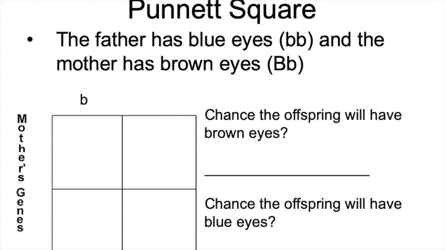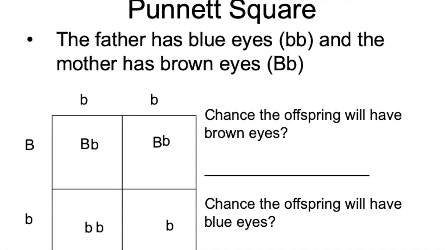Dad's 2 alleles are going to be separated out across the top, and mom's 2 alleles are going to be separated across the side. And now easily, we're just going to drop dad's 2 recessive alleles all the way down, and we're going to spread mom's dominant allele all the way across, and we're going to do the same thing with mom's recessive allele all the way across.